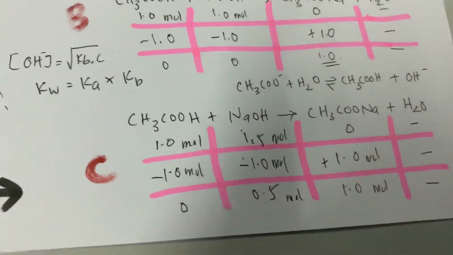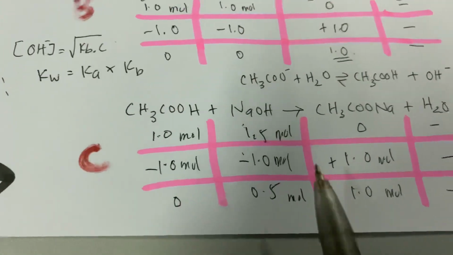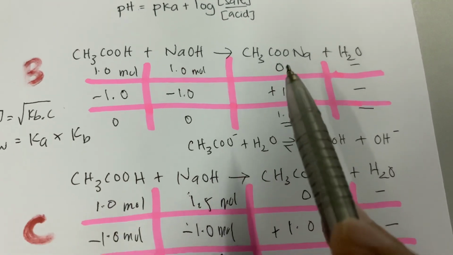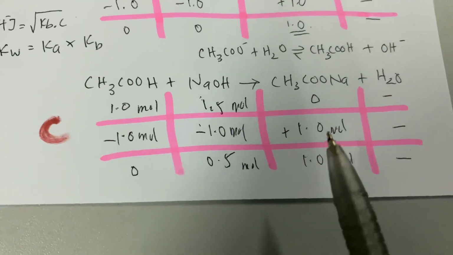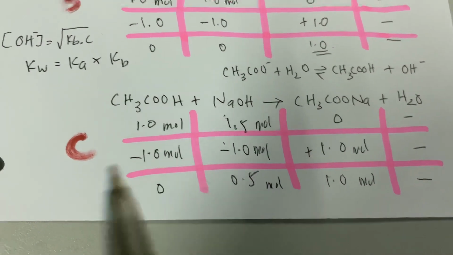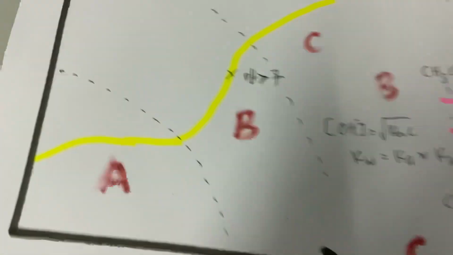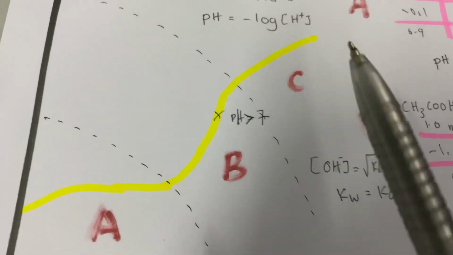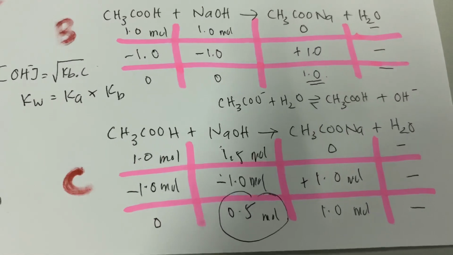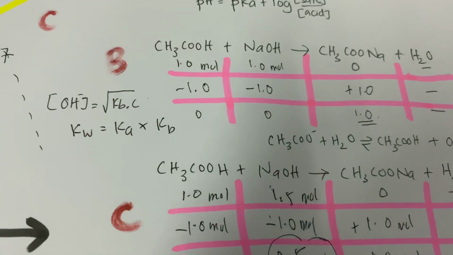Okay, so now you have 2 bases. From part B, we know that this salt is a weak base, and then NaOH is a stronger base. So to calculate the pH at region C, you directly use this mole. Use this mole.